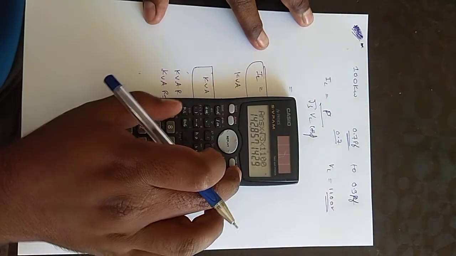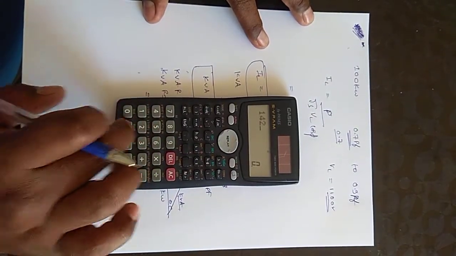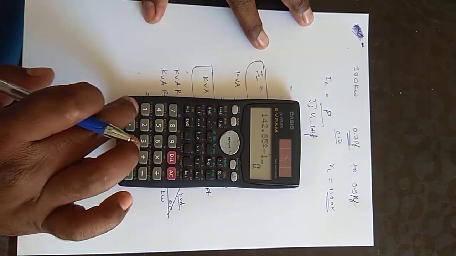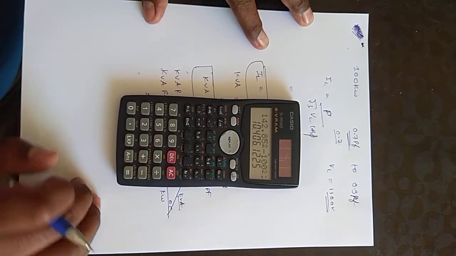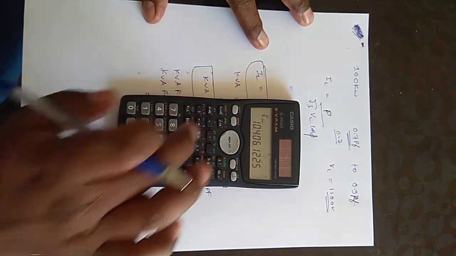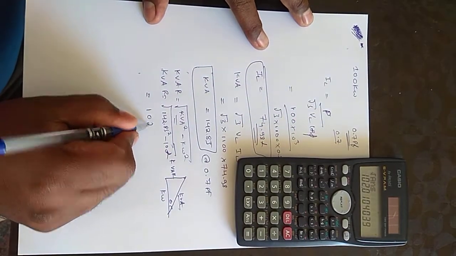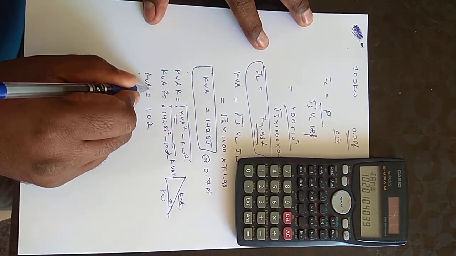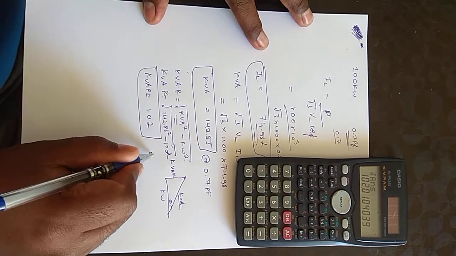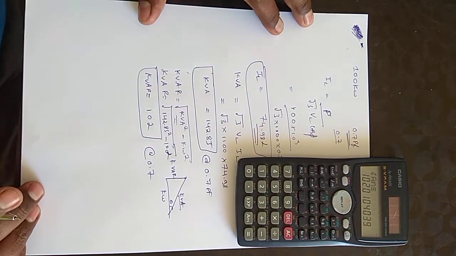The square root of the answer is 102. The kVAR value is 102 at 0.7 power factor.